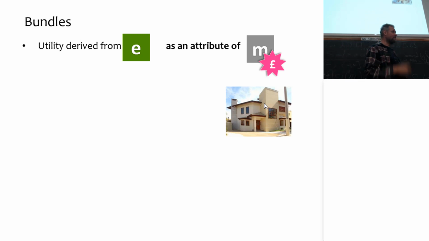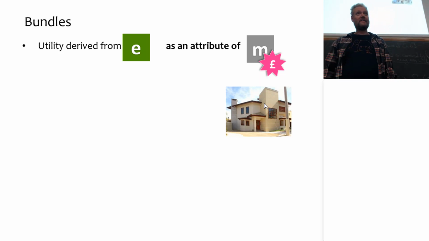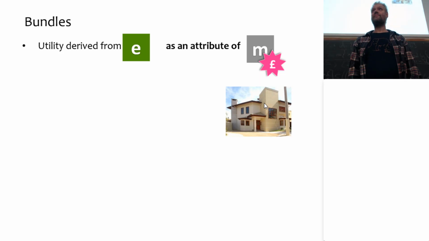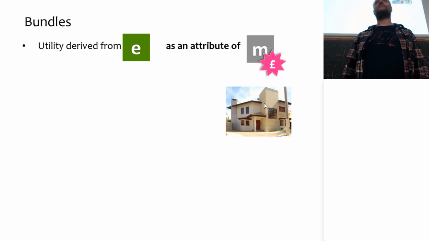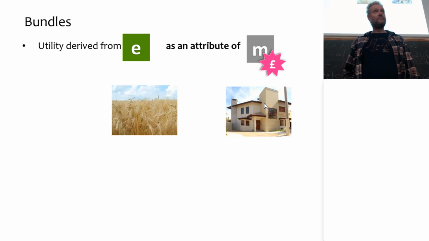And the third approach is that some things you can only buy in bundles. That is, if you buy, in this case, a house, you don't just buy the house, but you also buy the location in which the house is situated, including everything that comes with that house, right?